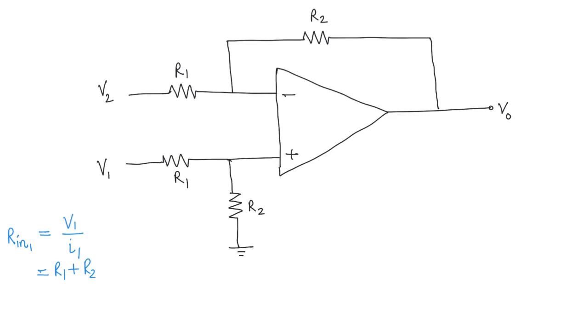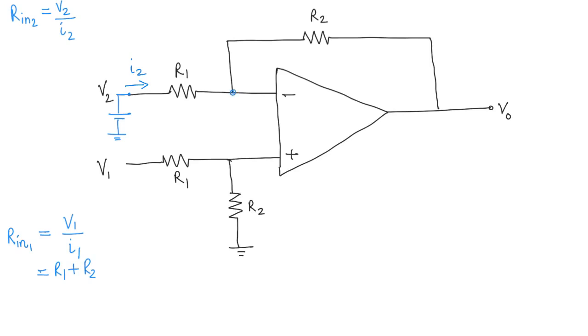Okay, next we want to find the input resistance at the input V2. So let's again explicitly denote this voltage source here of value V2. What we want to find is I2. If we find I2, then we can say R in 2 is equal to V2 over I2. To find I2, what do we need to know? We have the voltage on this side of R1 already.